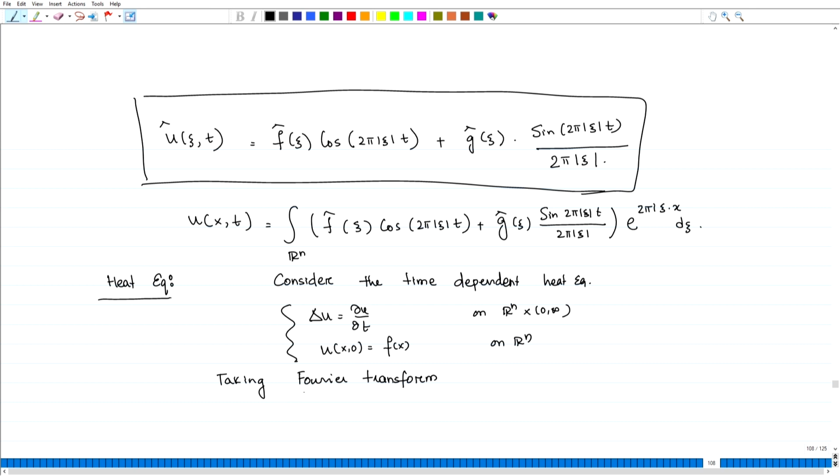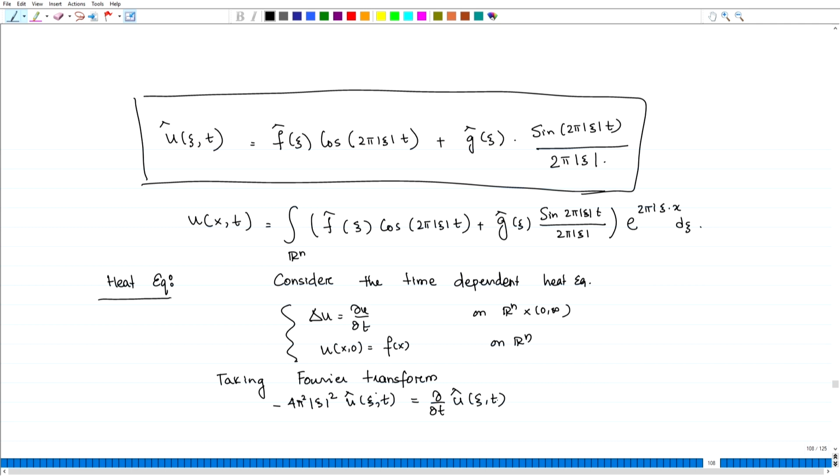We get that minus 4 pi square mod xi square u hat of xi comma t is equal to del by del t of u hat of xi comma t.